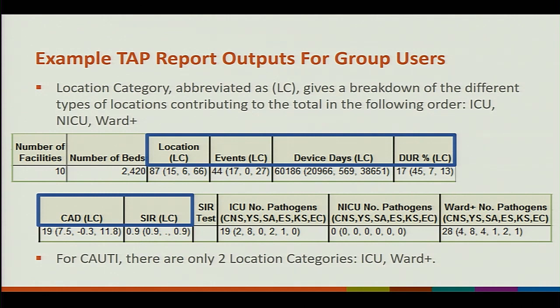The way I know that is by looking at the 3 pathogen columns at the end of our table. As you notice, they're in the order ICU, NICU, ward. That is the order of the location categories, and the order of the data presented in the parentheses of our different columns. And so for CAUTI, it would just be ICU and ward.